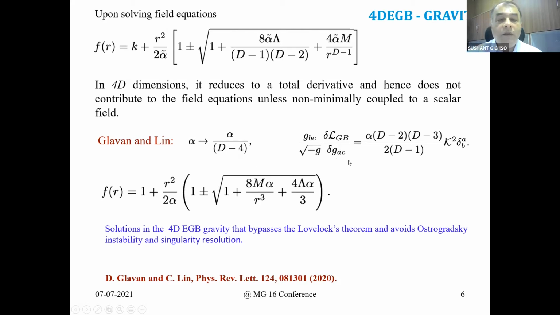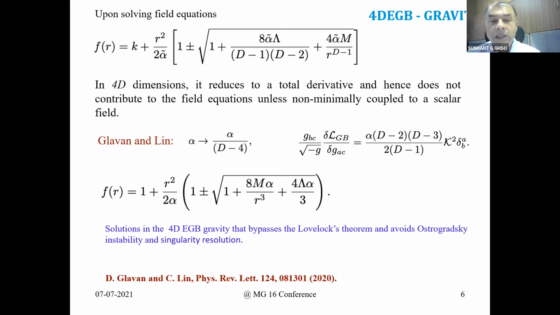This was done at the level of the field equation, and it gives us a 4-dimensional black hole solution. This is the black hole solution. Very importantly, it bypasses Lovelock's theorem, and it is also free from the Ostrogradsky instability. They also claimed that they resolved the singularity problem, but that was controversial, which I'll come to later.